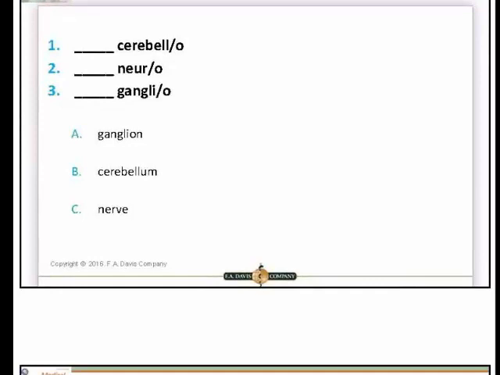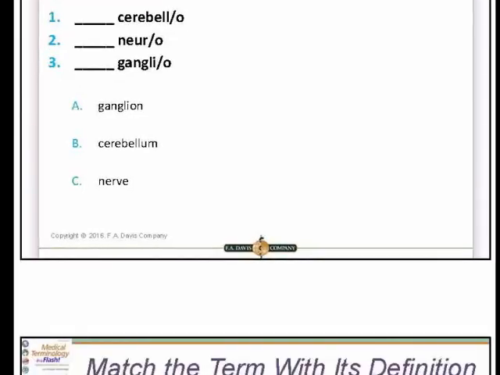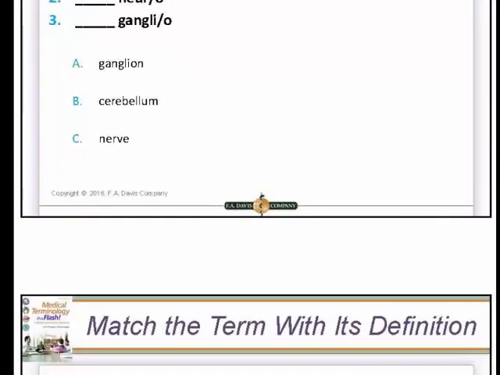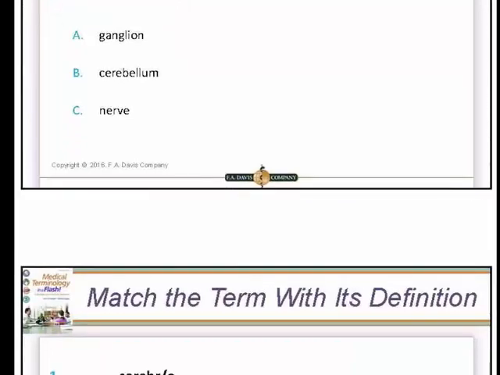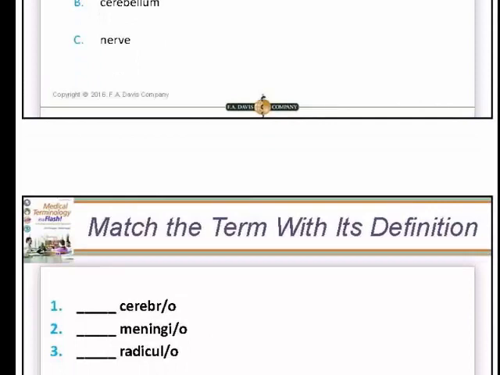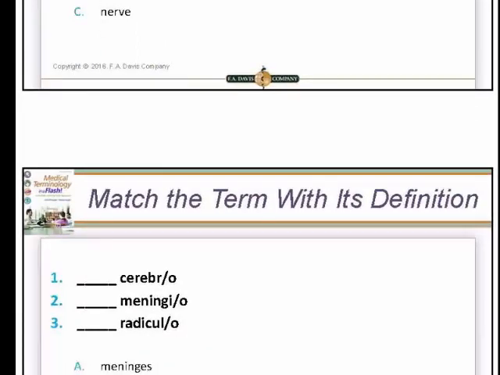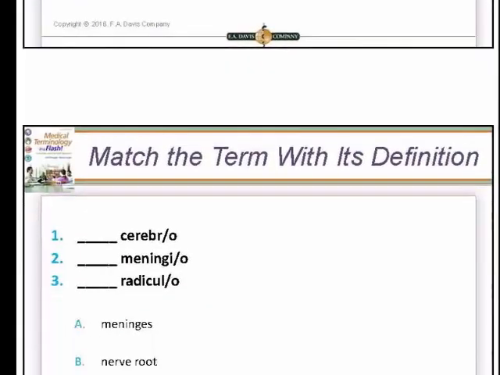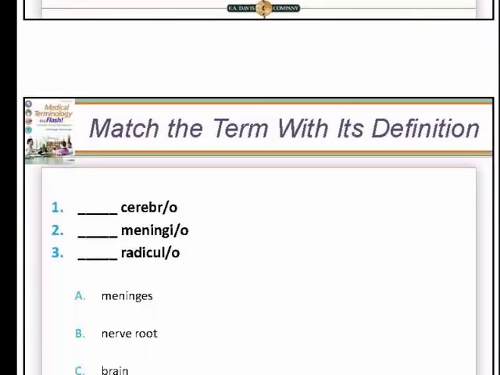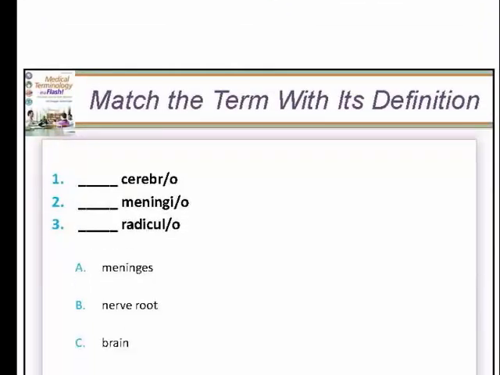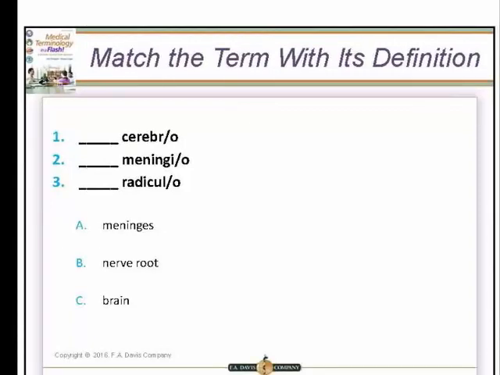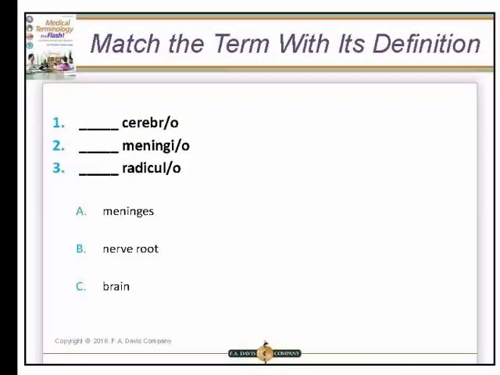Computed tomography, CT scan, study of the brain and spinal cord using radiology and computer analysis. Electroencephalography, EEG, study of electrical activity of the brain. Electromyogram, EMG, record of muscle activity from electrical stimulation.